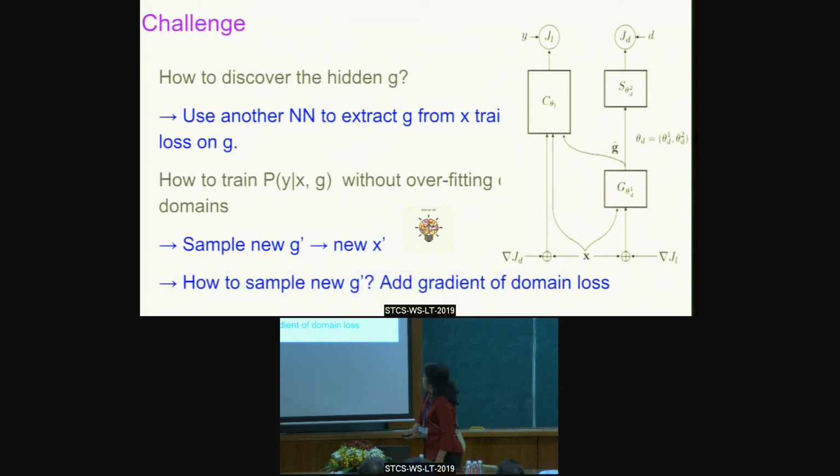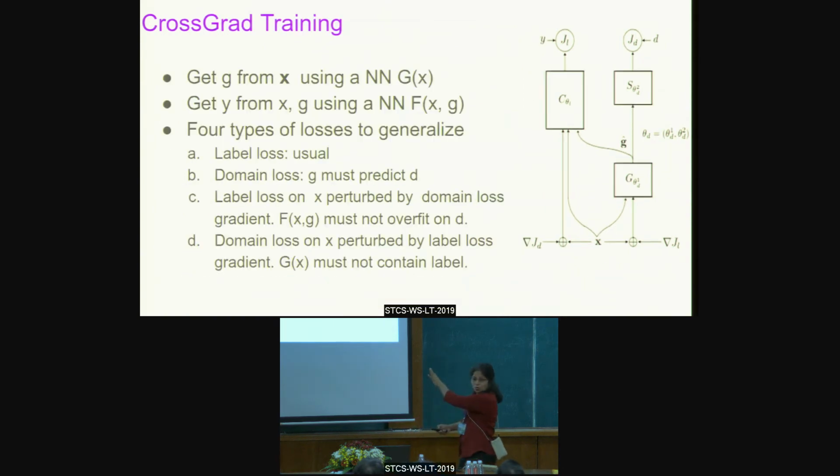So this is our whole training methodology. We take X, and from X we get the G, and now we calculate the loss, compute the gradient, and get a new G, and that will be transformed to the X to get a new X. So that will give us an X perturbed along the domain loss.